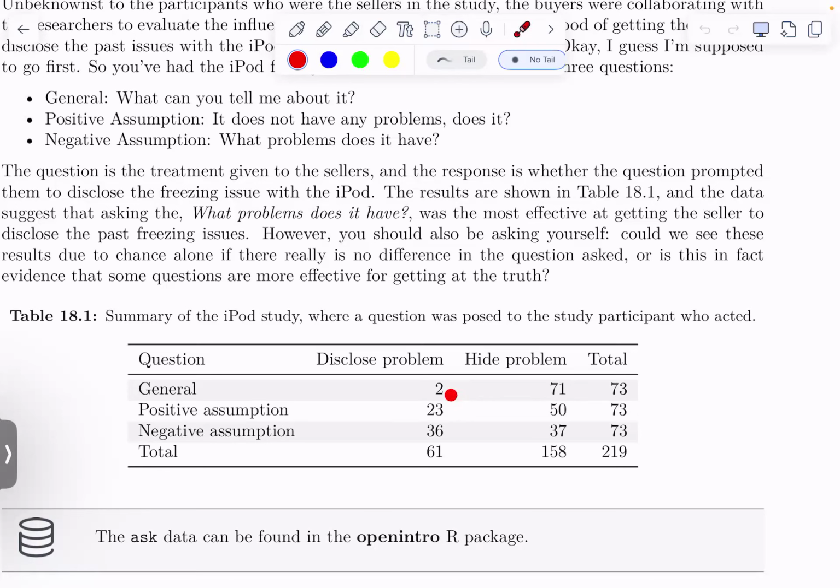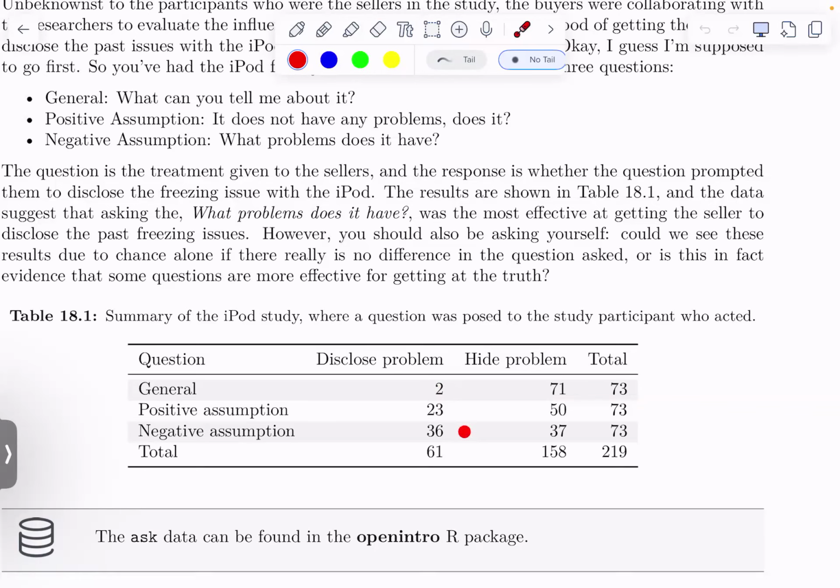If the disclosure is the same for all these questions, then I would expect these counts to be relatively similar, mostly because I see over here that there were 73 assigned to each question. And then the negative assumption, what problems does it have?